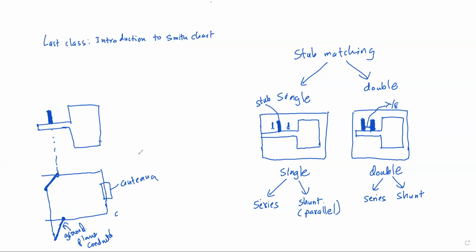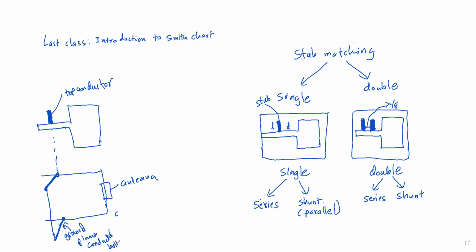We only need to define the top conductor. The ground plane will remain the same for any number of top conductors. There could be multiple top conductors. So this is the top conductor, and this is the bottom conductor, the ground plane conductor.